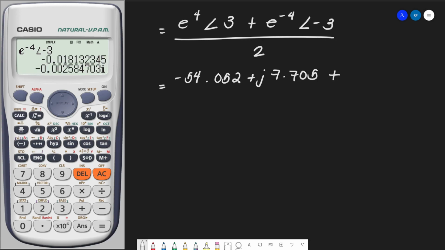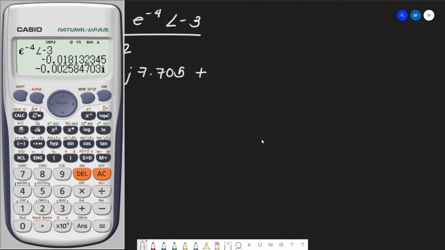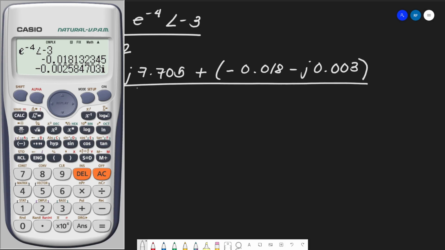So we have what? Negative 0.018 minus j 0.003, all over 2. Okay? So, actually, pwede rektahin na sa calculator.